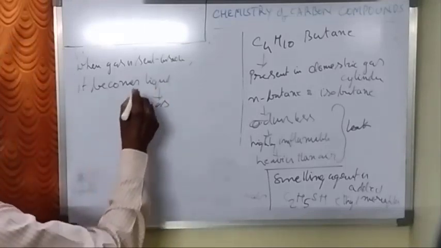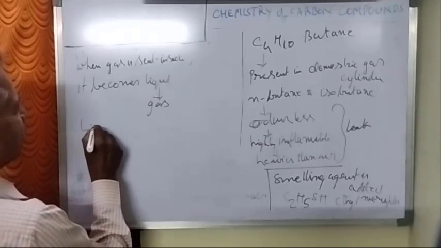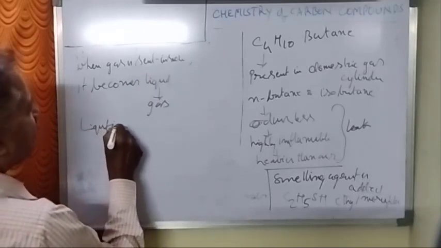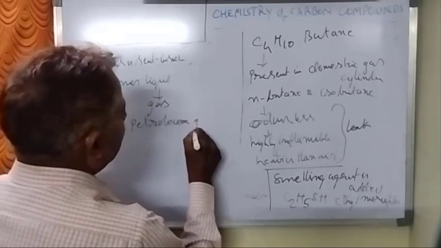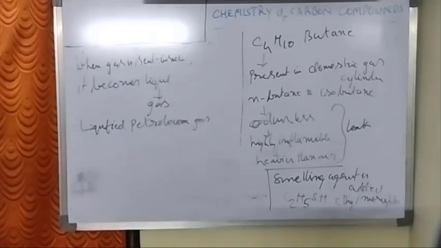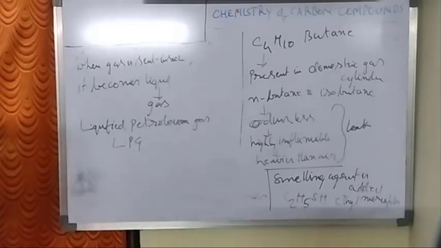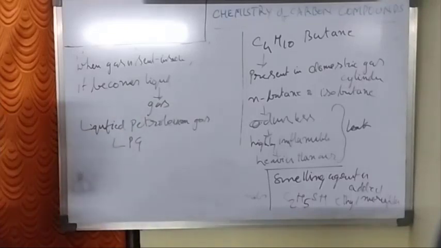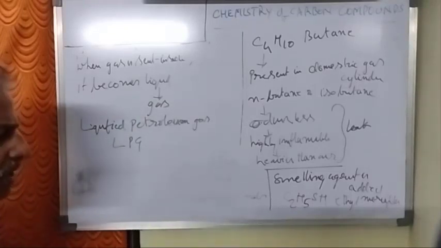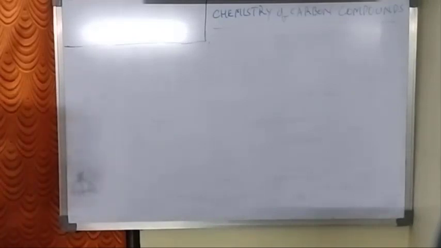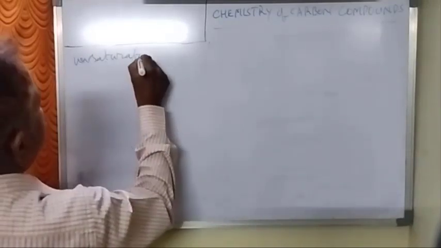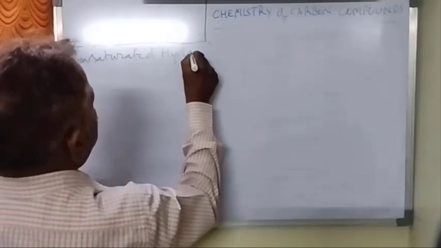That's why this is referred to as liquefied petroleum gas, because this gas is obtained by the fractional distillation of petroleum. Therefore, it is liquefied petroleum gas, LPG. The LPG is butane, and the smelling agent is ethyl mercaptan. Now, let us see unsaturated hydrocarbons.